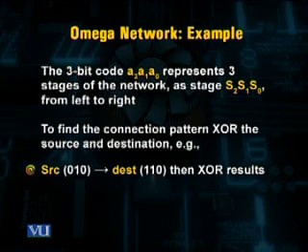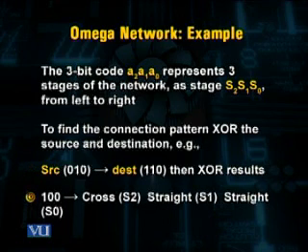For example, if we want to establish a connection from the source address 010 to the destination address 110, then the exclusive OR operation on these 2 values results in 100, and it shows that the leftmost stage is equal to 1, which means its connection is a cross connection, whereas the other 2 bits show the second and the third stage, that is stage 1 and stage 0, and these 2 stages have the straight line connection.